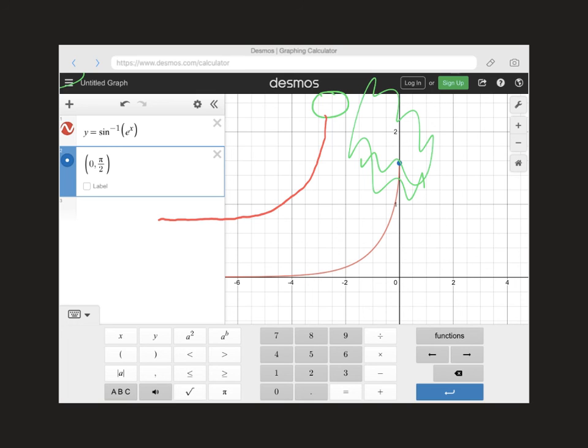So this graph shows visually what we were trying to describe with our work in the last slide. That we have an endpoint, so we test that y value, which is pi over 2. All of the other y values are less than pi over 2, so that y value is an absolute max. It occurs at 0, and the value is pi over 2. And then there is no minimum y value.